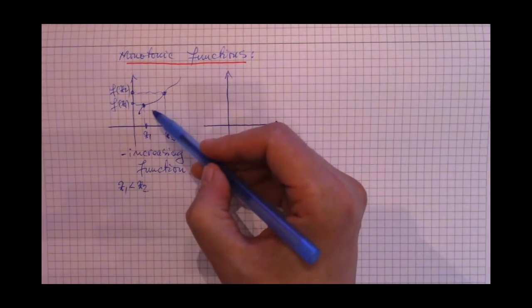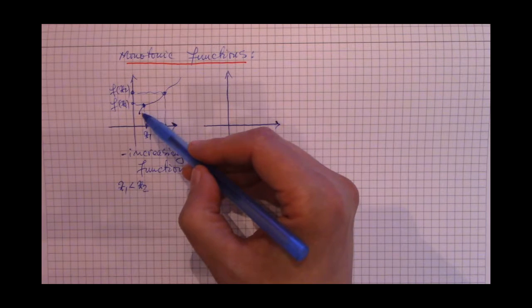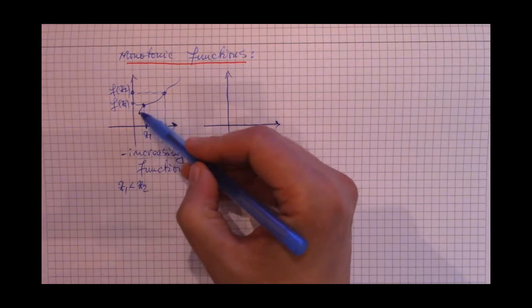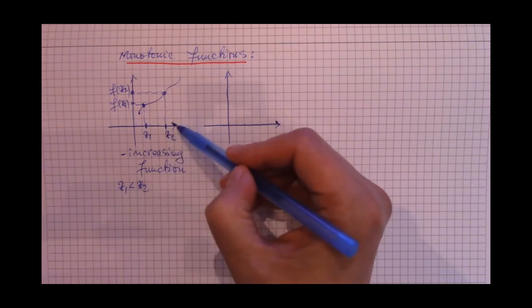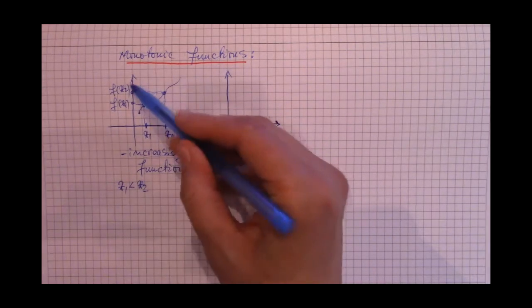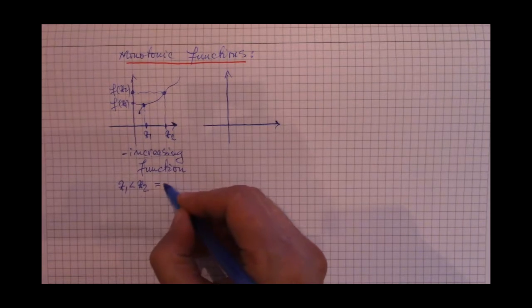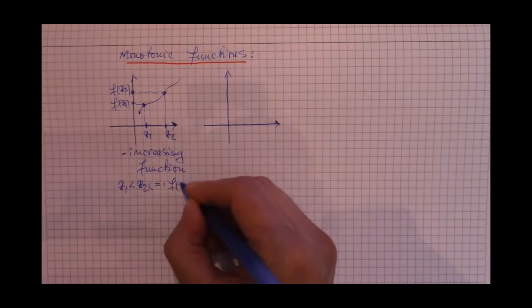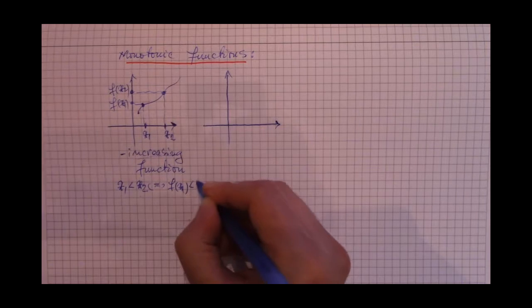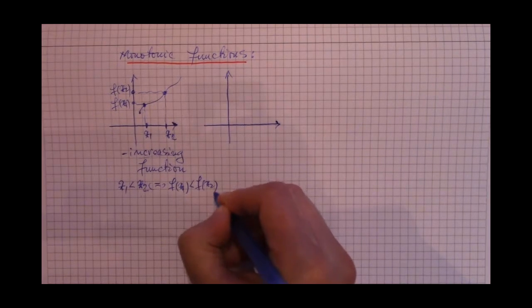When we have an increasing function, as we move from left to right, we go up on the y-axis. So x1 being less than x2 is equivalent to f of x1 being less than f of x2.